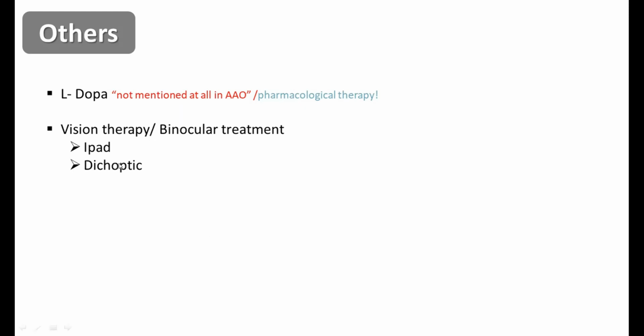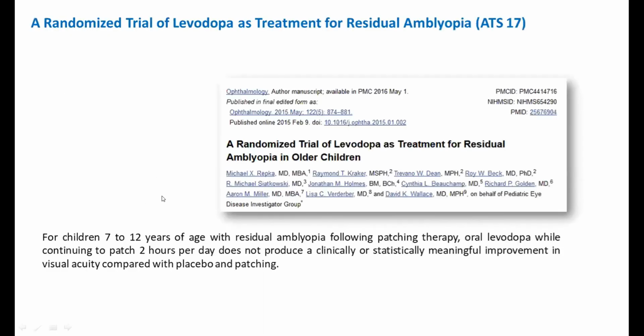And we have vision therapy or binocular treatment using the iPad or dichoptic therapy. And here is the study, as I mentioned, about L-dopa. Adding levodopa doesn't produce any meaningful improvement, and this may be the reason for ignoring this line of treatment in the American Academy.